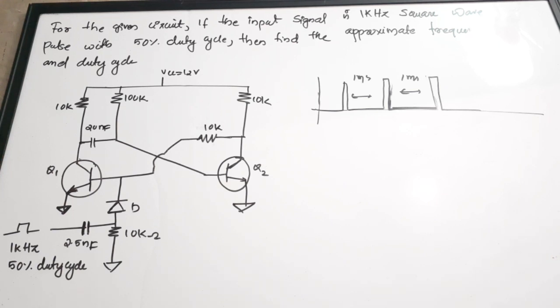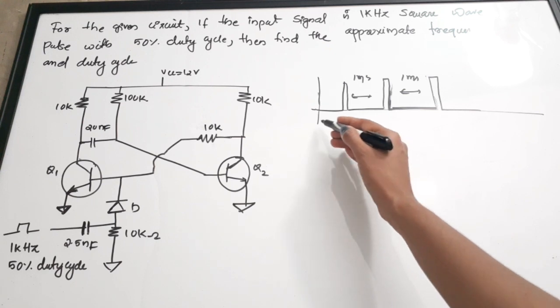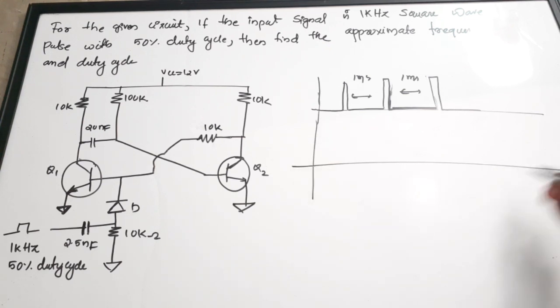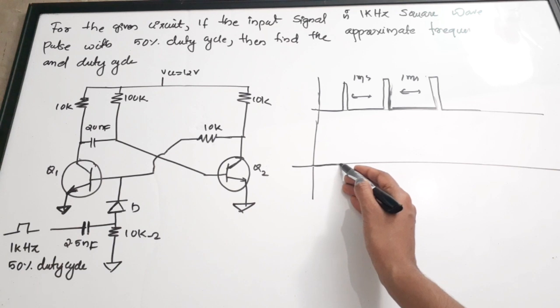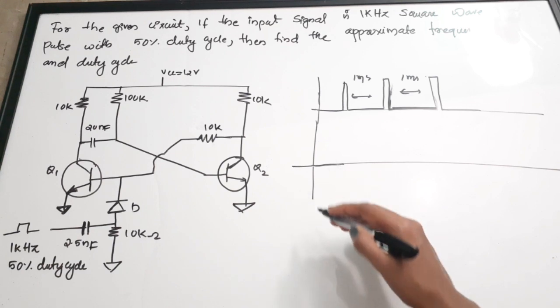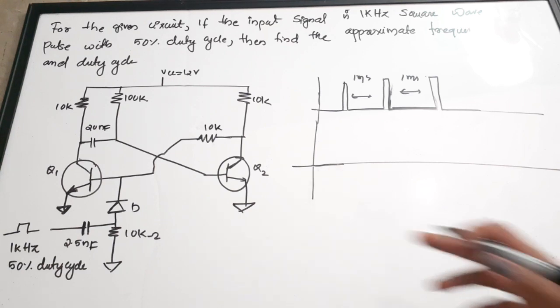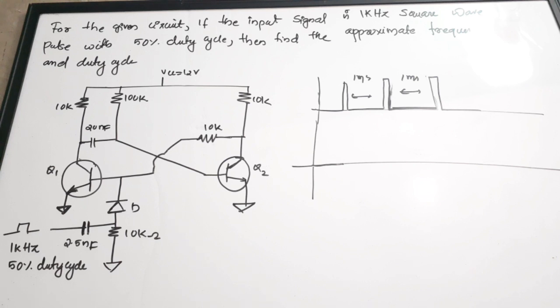So we have seen how the triggering pulse is affecting the output. Now we need to find the frequency of the output. Just think that initially your output was in the stable state, and we'll take our stable state as 0. Generally it is VC sat only.